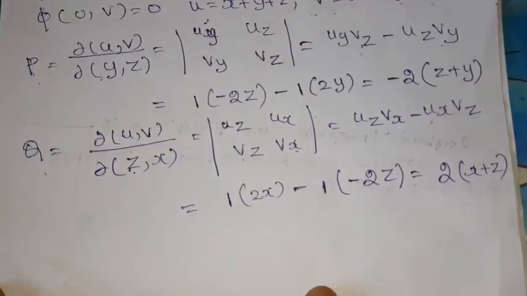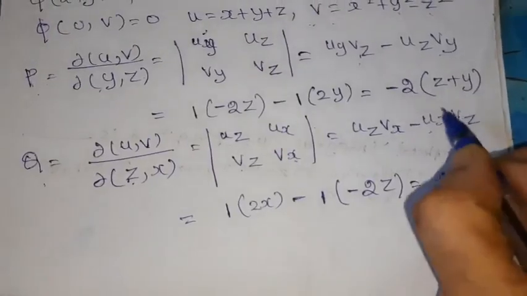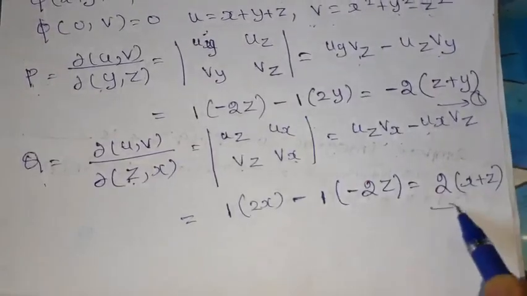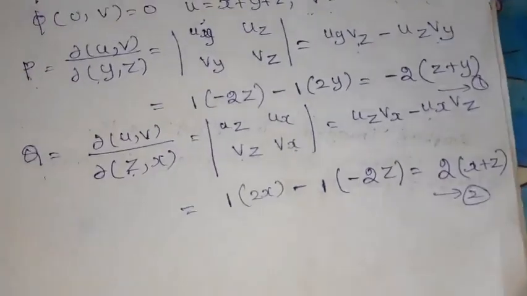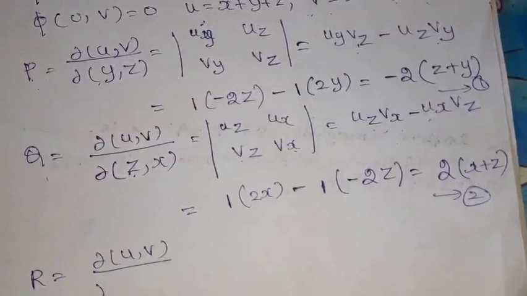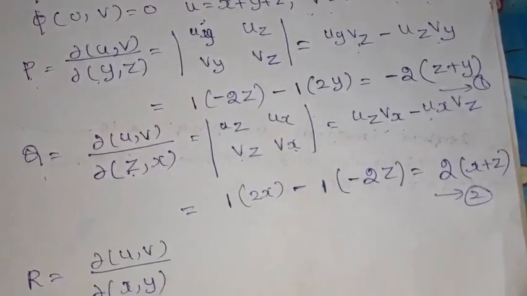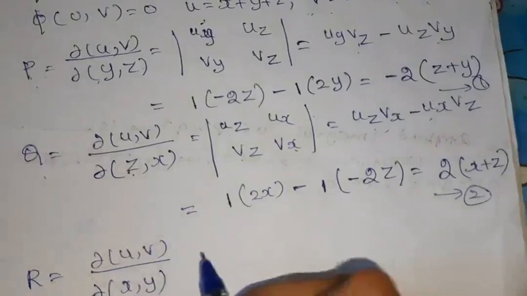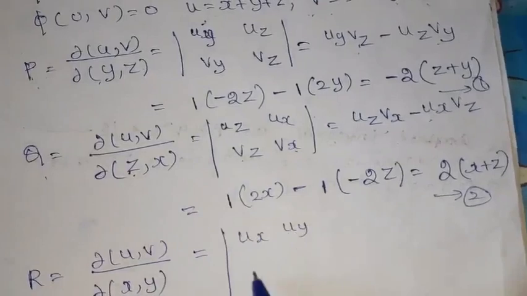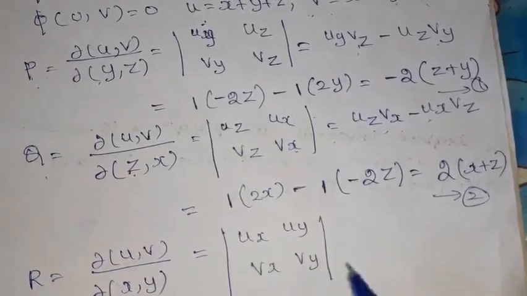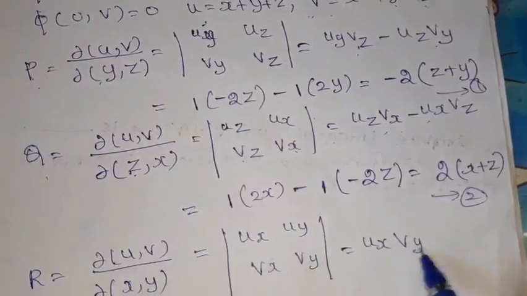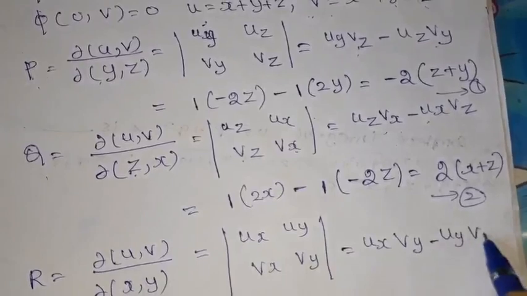Say it is equation 1, and let this be equation 2. Then what is r? R is nothing but the same thing, dou of u comma v divided by dou of x comma y. X comma y only. Then ux uy, vx vy: ux vy minus uy vx.